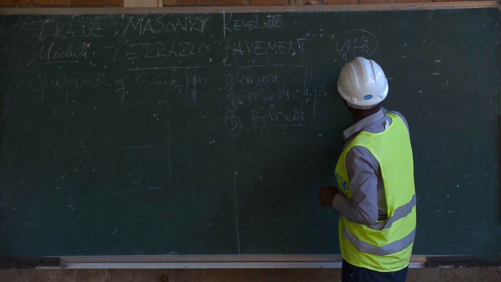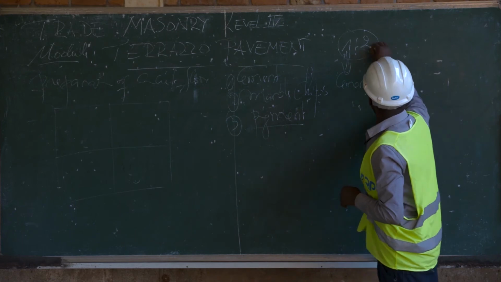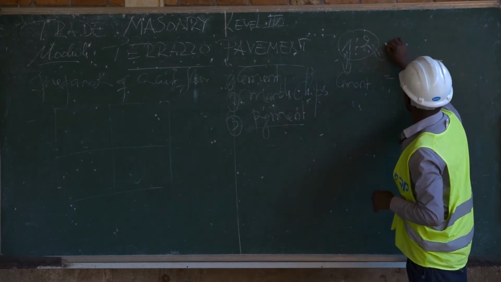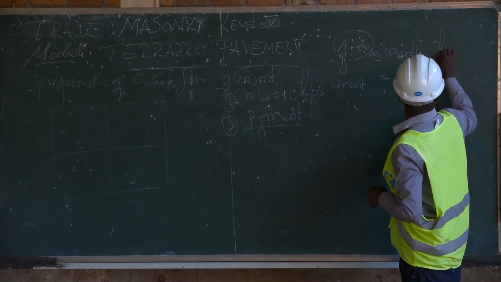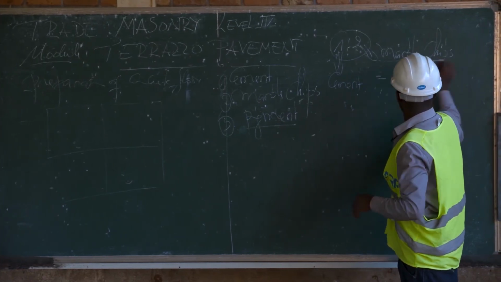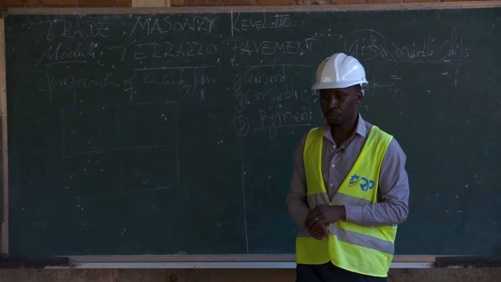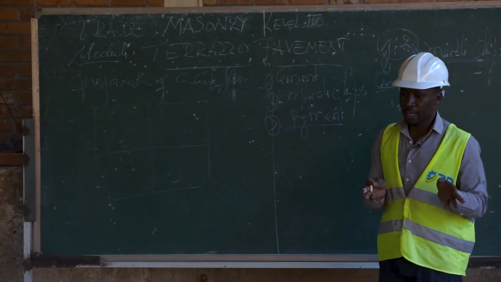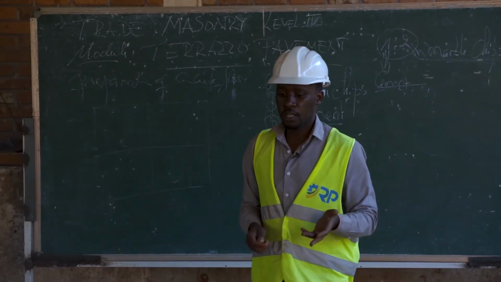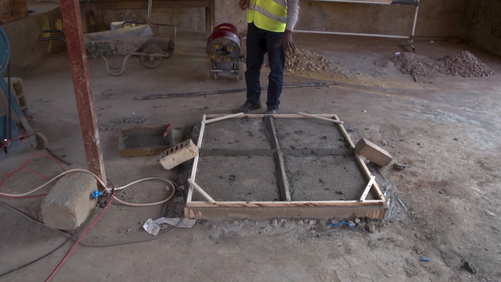This is a cement, and this is marble chips. That is why we can do a simple calculation in order to determine the amount of terrazzo that we're going to pour here.